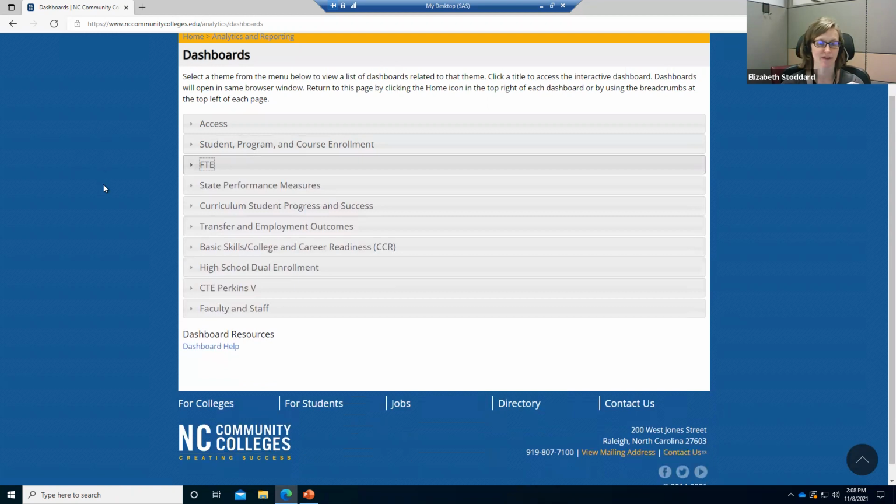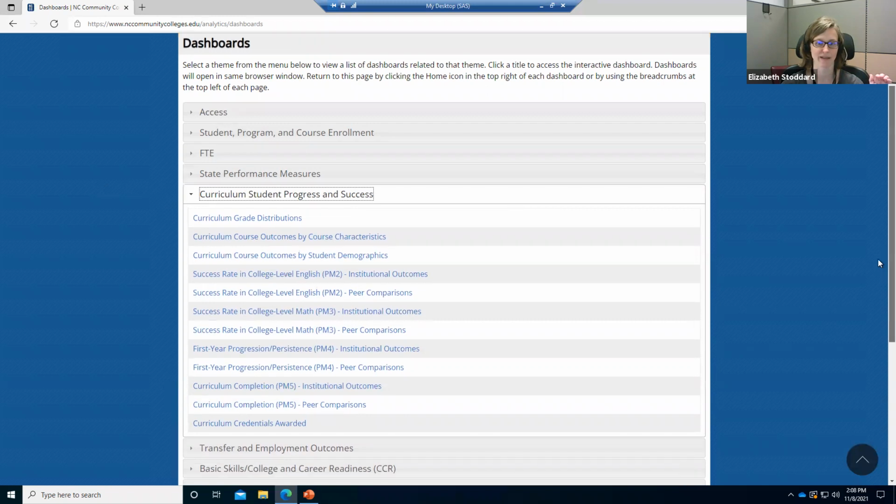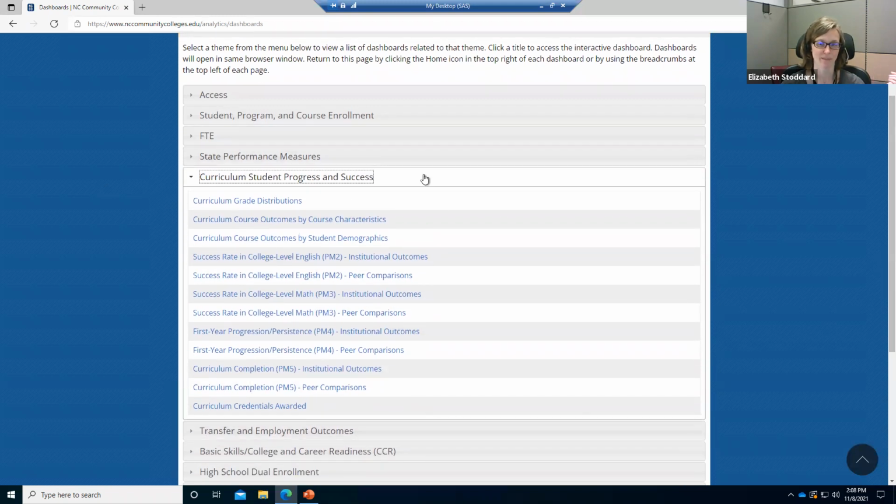The dashboard that we are going to be looking at today is under this theme, which is curriculum, student progress, and success. I just clicked on that one, and it's going to bring up a number of different dashboards on this list here. A bunch of them are related to our performance measures. We have a dashboard here that details credentials awarded.